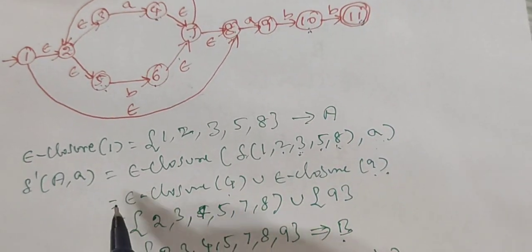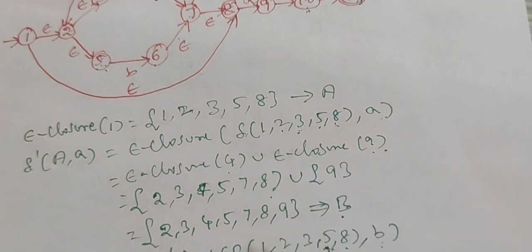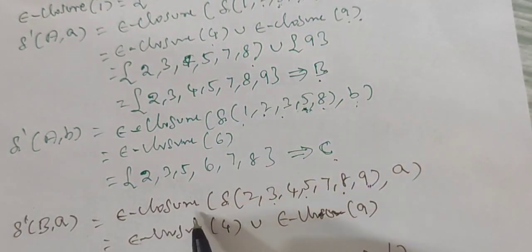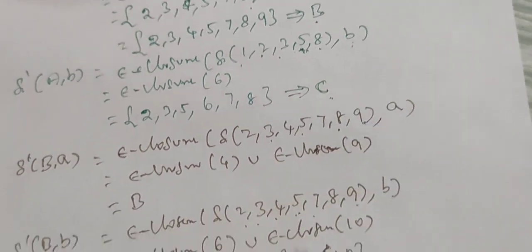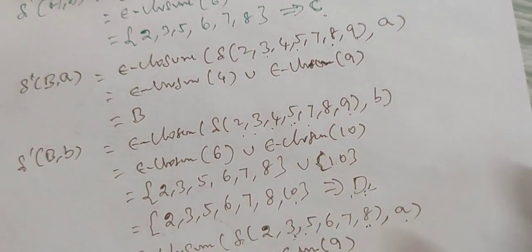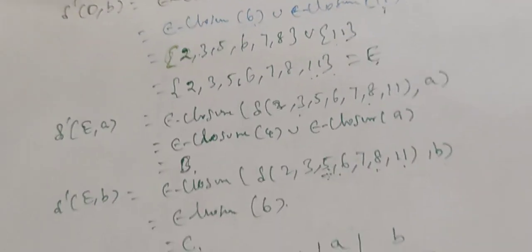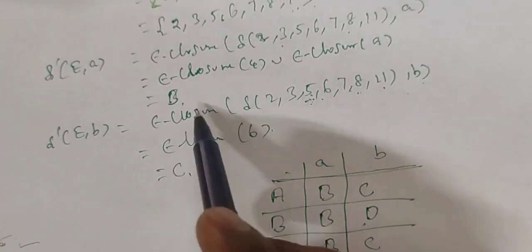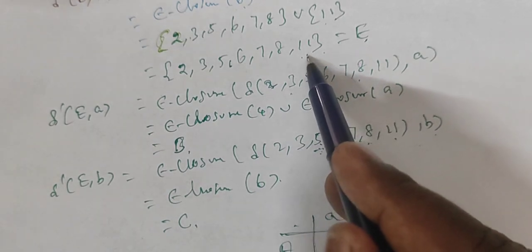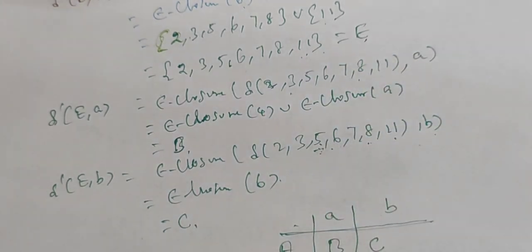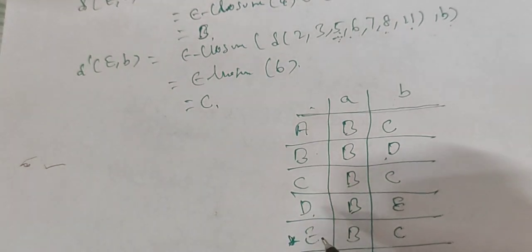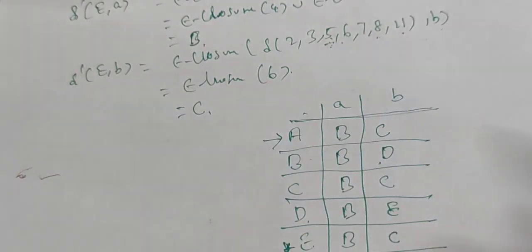A does not have 11, B does not have 11, C also does not have 11, and D also does not have 11. But E is a state which consists of 11. So obviously E is the final state, so I make E the final state. And A is the initial state.